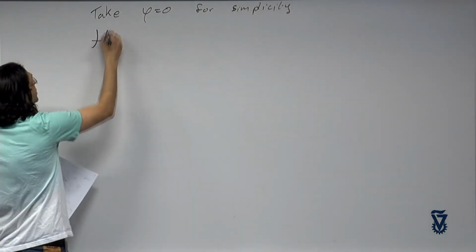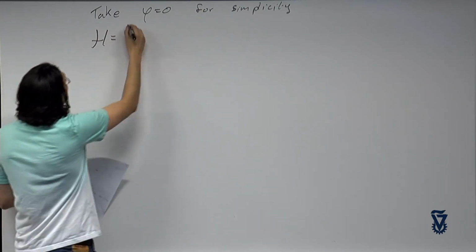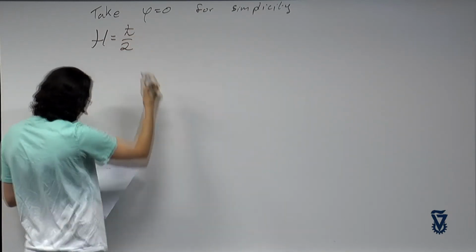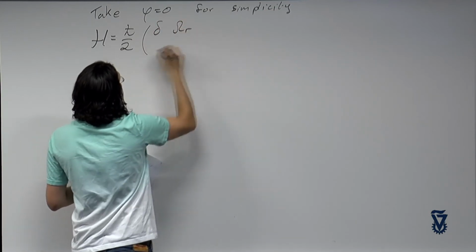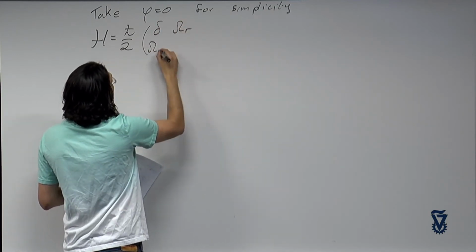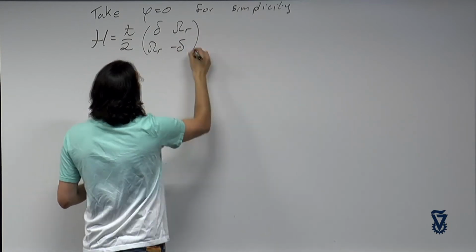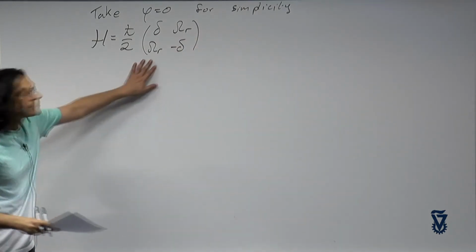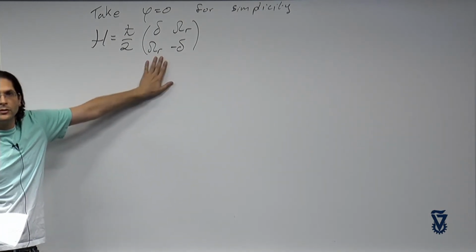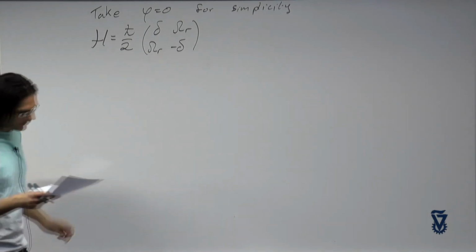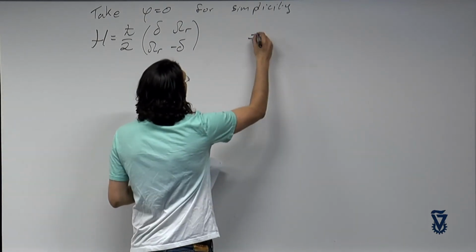And that makes our Hamiltonian h bar over 2 times the matrix with delta, omega Rabi, omega Rabi, minus delta. So this is now a pretty simple Hamiltonian which you've solved several times, sort of.